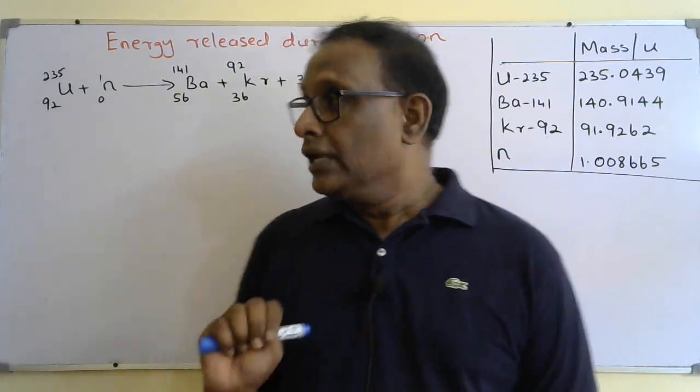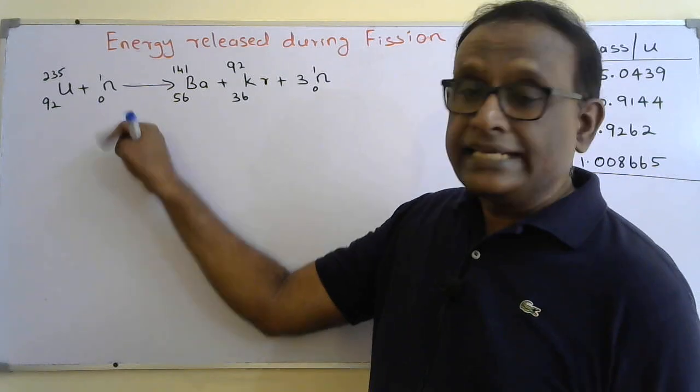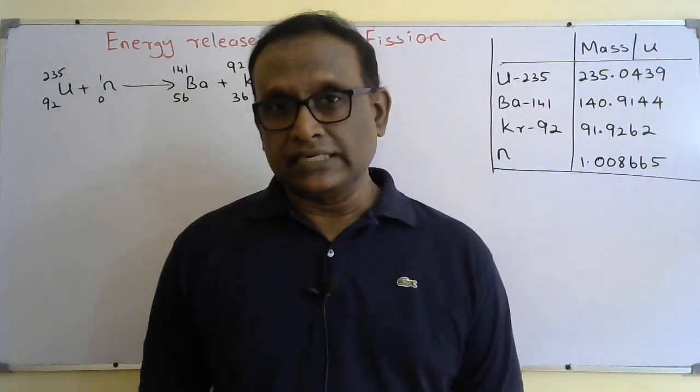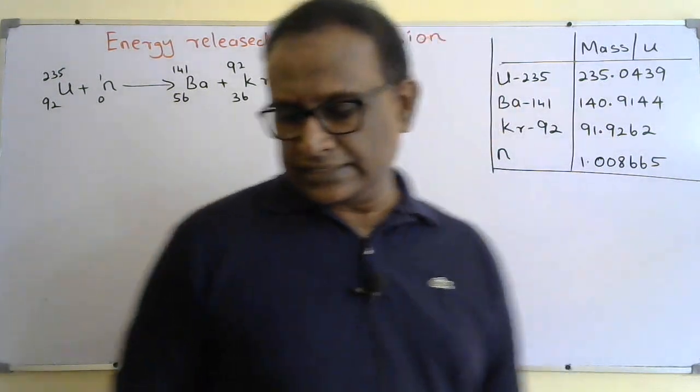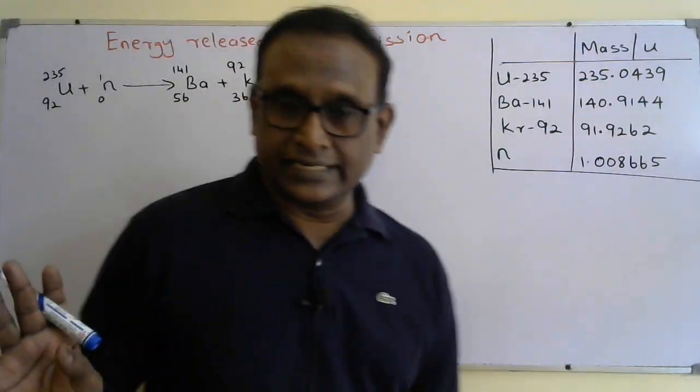That's okay. But students normally ask, do we need to consider the kinetic energy of the neutron when we consider the total mass energy relationship? We'll see whether we need to consider that. When we consider the total mass energy relationship, uranium is at rest, so it has no kinetic energy.